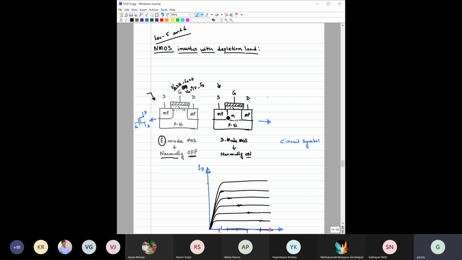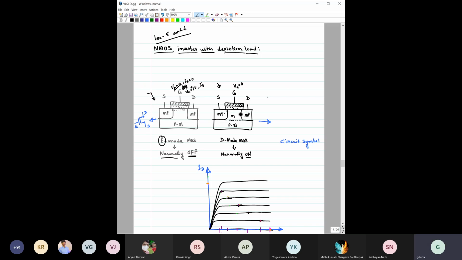So for this transistor, even if you apply gate voltage equal to 0, what is happening? Between source, which is N plus, and drain, which is also N plus, you have an N channel. So electrons already exist in this channel. So that means at Vg equal to 0, there is a path from source to drain, and current can conduct.